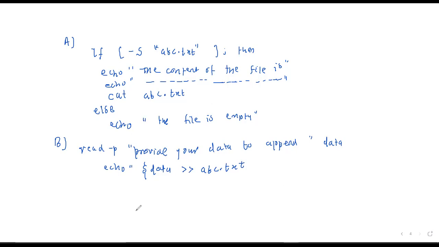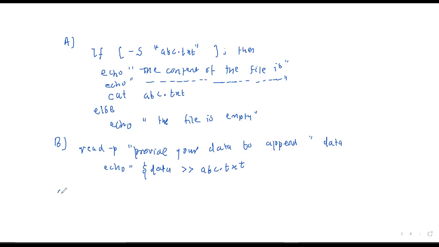So what is the benefit of this? In order to append, we write this. In order to show content, we write echo. And why do we use this read and this define? Because any file which you want to overwrite can be considered. So that's why we write $data. We define the variable data like this.